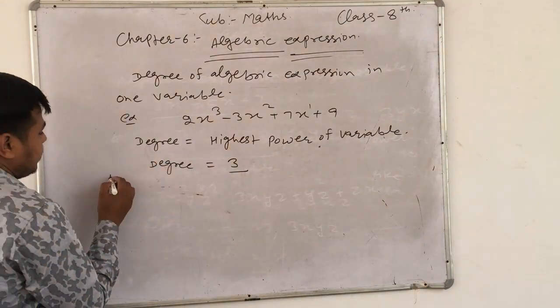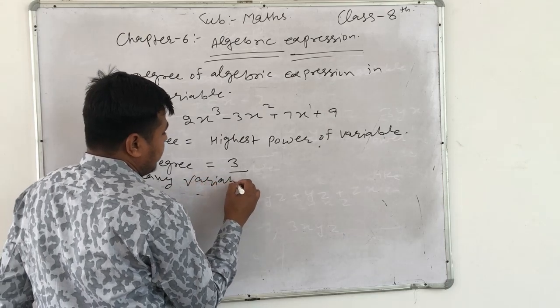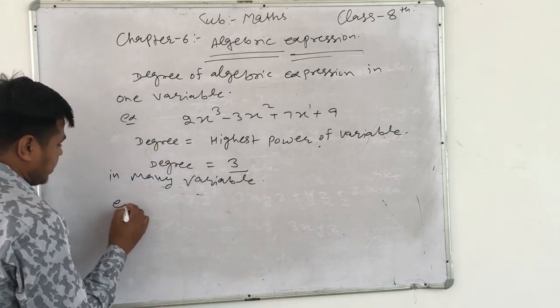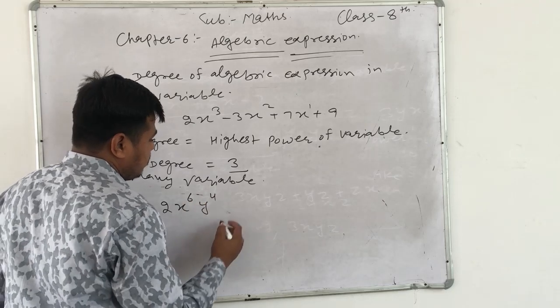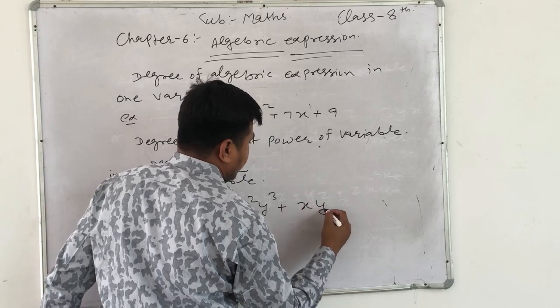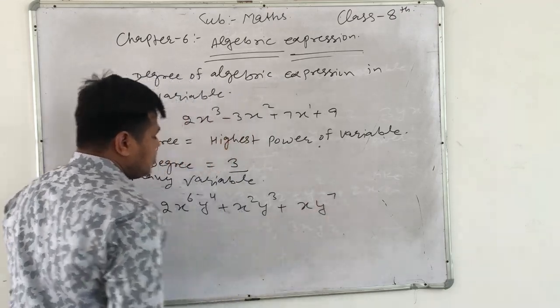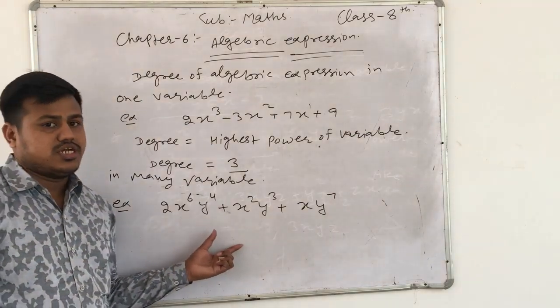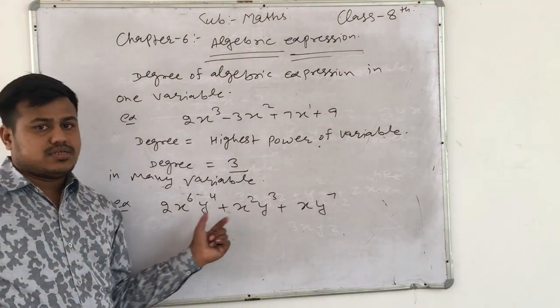In many variables, let's take an example: 2x power 6 y power 4, x square y cube, x y power 7. This is an algebraic expression in two variables. In each term, there are three terms.